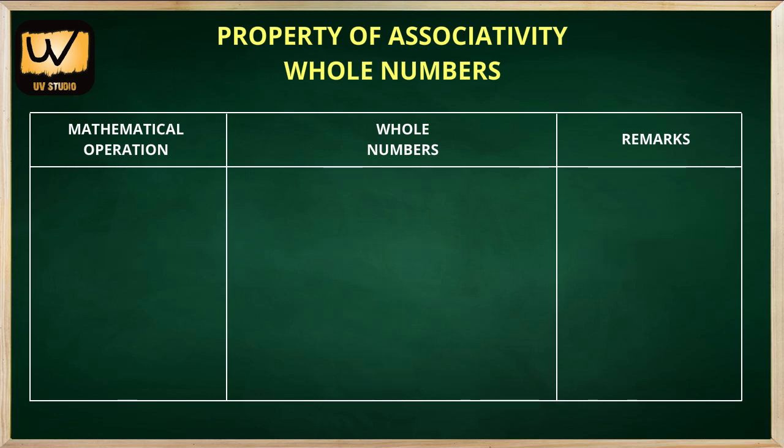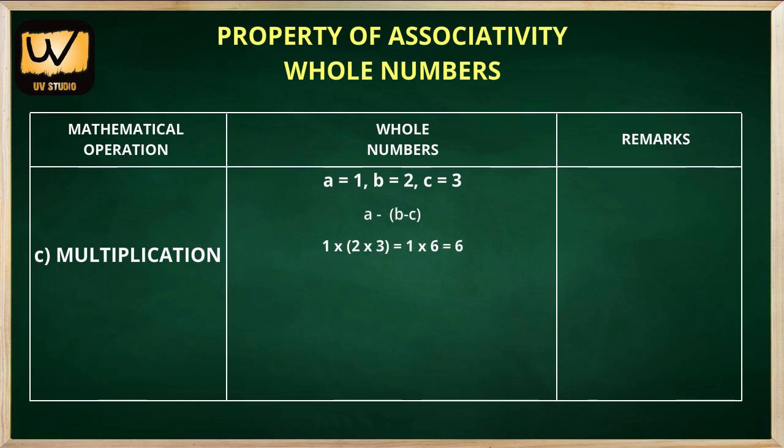Friends, let us take the third mathematical operation, that is multiplication. The values of A, B and C remain same, 1, 2 and 3 respectively. Let us take the left side, 1 into, in brackets 2 into 3. How much will that give you? 1 as it is. Multiplication inside the bracket is 2 3s are 6. So 1 into 6 is equal to 6. Remember, the LHS is 6 now.